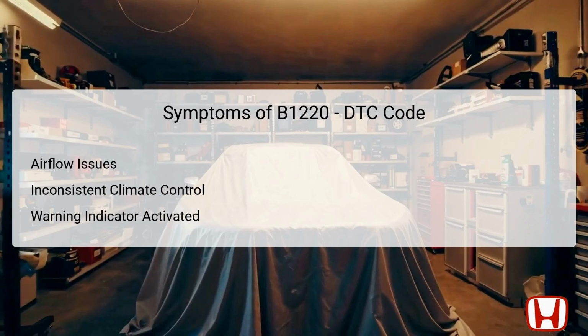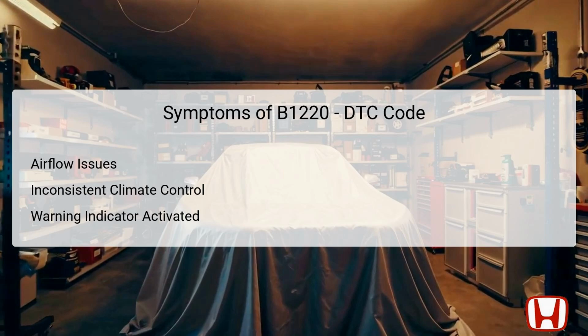The symptoms accompanying DTC B1220 typically manifest as airflow inconsistencies within the vehicle's cabin. Drivers may notice that the climate control system is not effectively regulating temperature or air quality, potentially leading to discomfort.